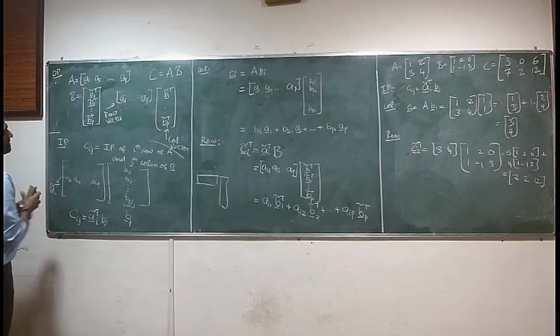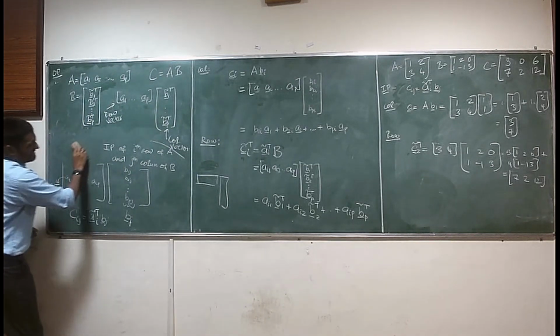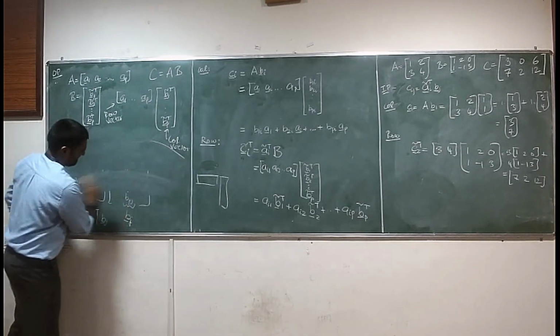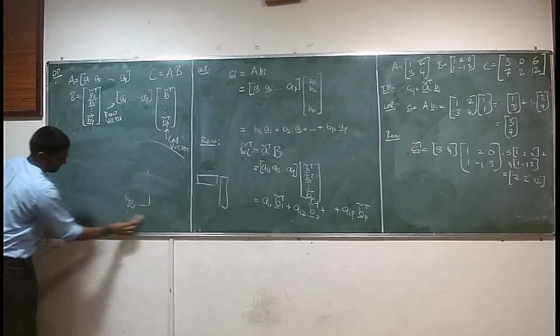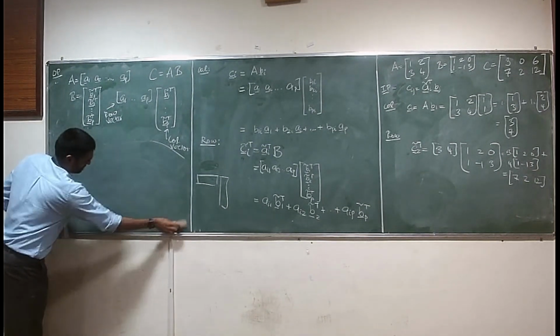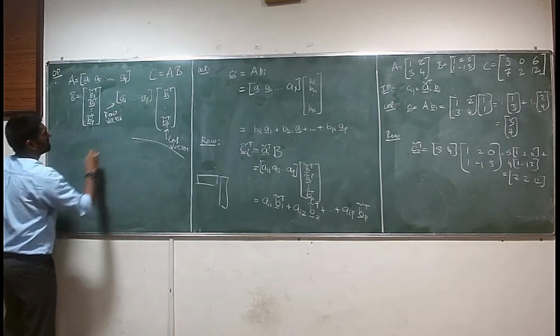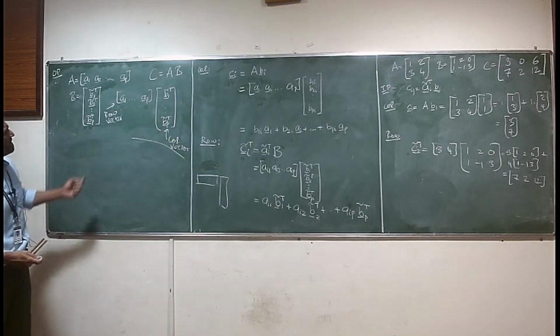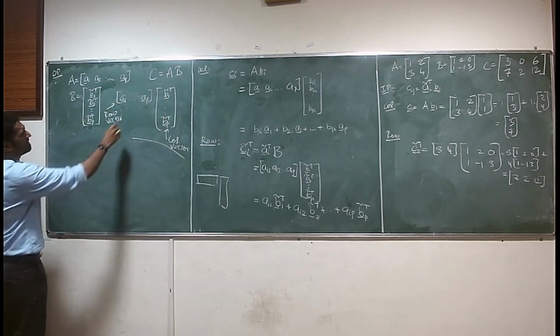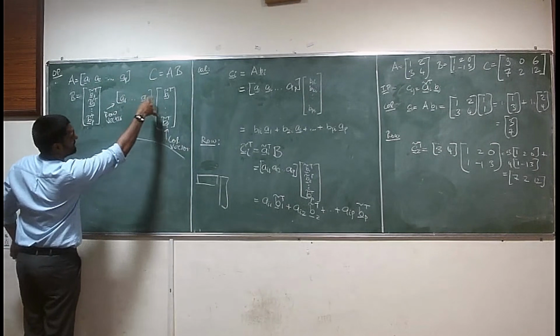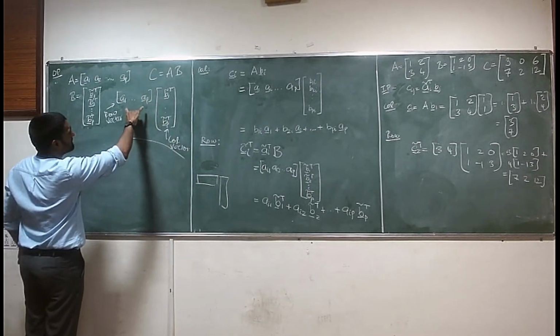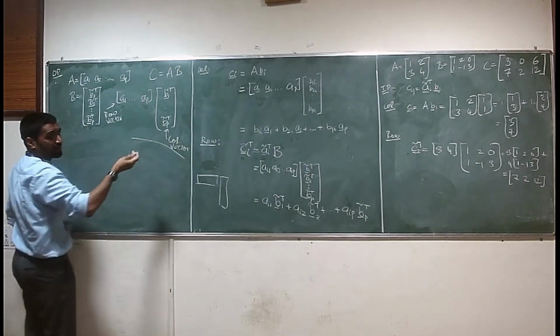Well, let's see if we can do the same thing here. Now the question is, if you treat this as a row vector and this as a column vector, can you simply interpret this as an inner product operation?